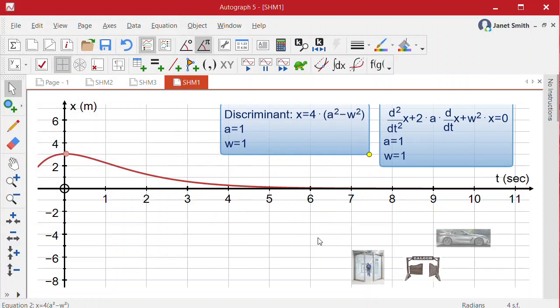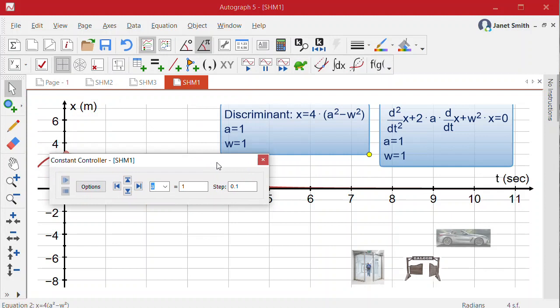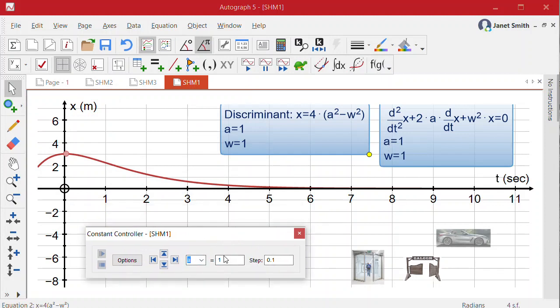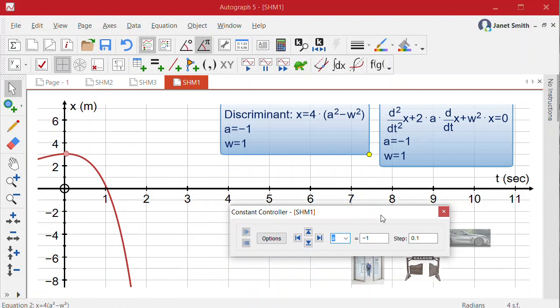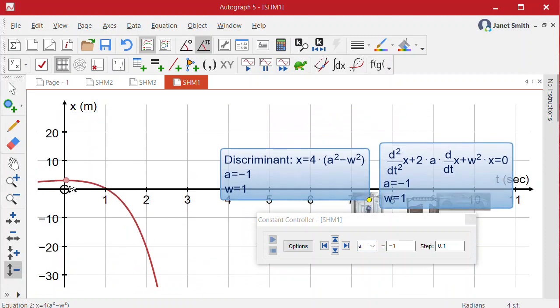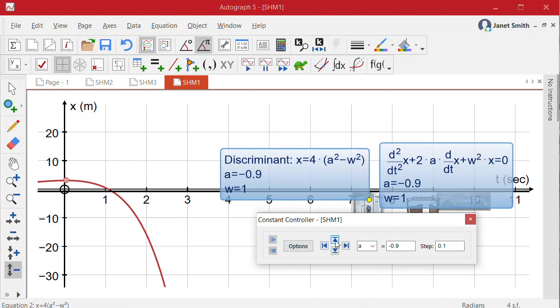So let's have a look at the different cases for a and omega. I'm going to keep omega fixed. Omega is our angular velocity, and I'm going to change my a value. I'm going to start off by looking at where a is a negative value. If I do negative 1, it's difficult to see what's happening, but if I zoom in a little bit, I should be able to see oscillations which get bigger and bigger.